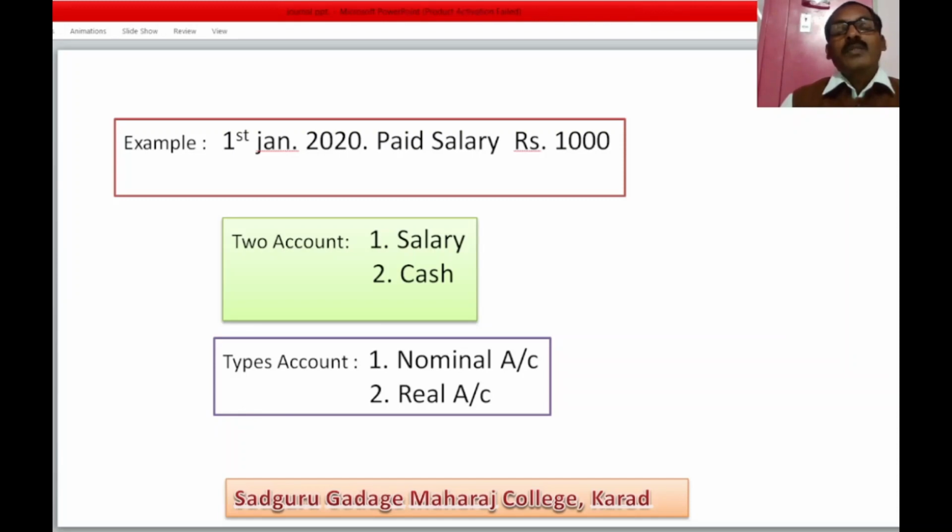In nominal accounts, all expenses, incomes, gains and losses are involved. So in the above transaction, paid salary rupees 1000, the 2 accounts involved are salary and cash. Salary is related to the expenses of that business, so salary is a nominal account and cash is a real account.